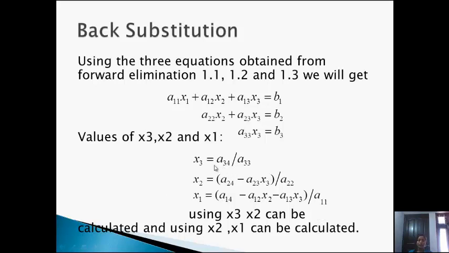And x2 is a24 minus a23 into x3 upon a22, and x1 is a14 minus a12 x2 minus a13 x3 upon a11. We can see here that to calculate x2, we first have to calculate x3, and to calculate x1, we first have to calculate x2 and x3. So using x3, x2 can be calculated, and using x2, x1 can be calculated.